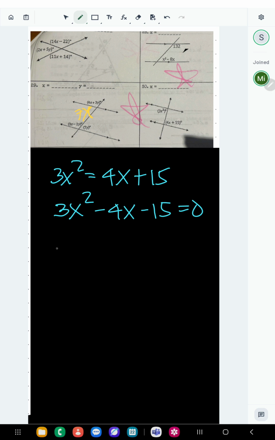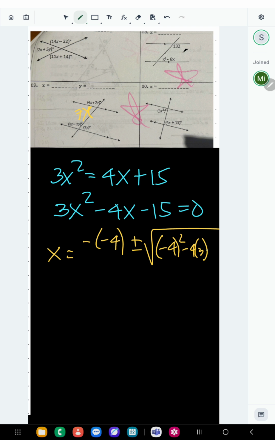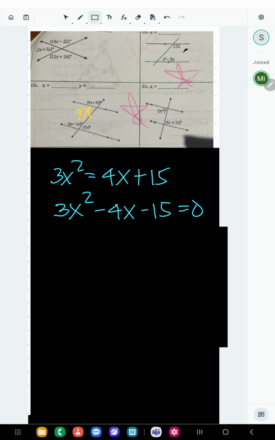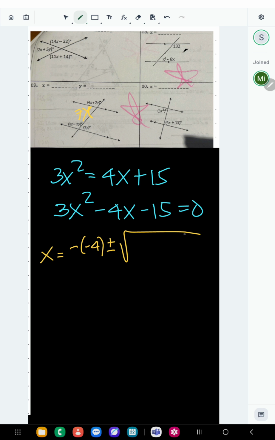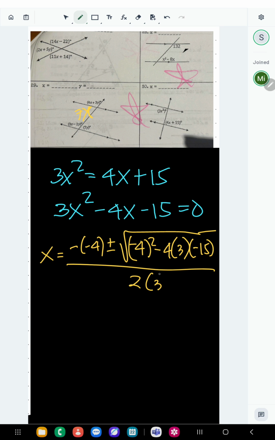If I were you, why don't you use the quadratic formula? It will be easier. So negative b, so negative of negative 4, plus or minus the square root of b squared minus 4 times a times c, over 2 times a.